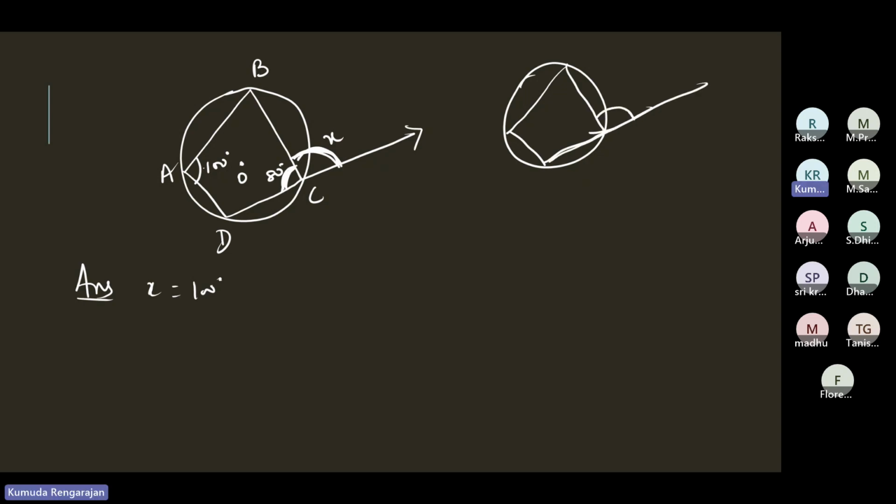This is the exterior angle. And for this exterior angle, this is the interior angle. Interior opposite angle, this one. So this angle is equal to this angle as a result.